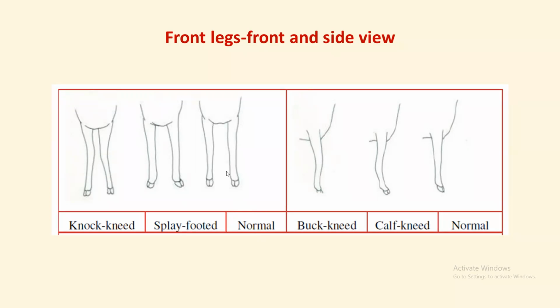You should select an animal which has normal front legs. This is the front view, but when you see a side view, it looks like this: buck kneed, calf kneed, and normal. Definitely you are going to select the normal one. You can compare how the buck kneed looks, how the calf kneed looks.